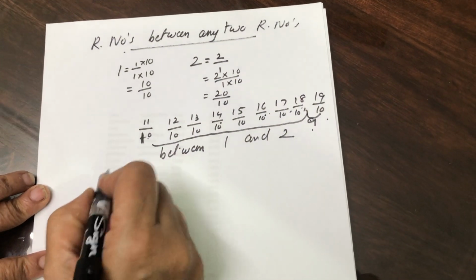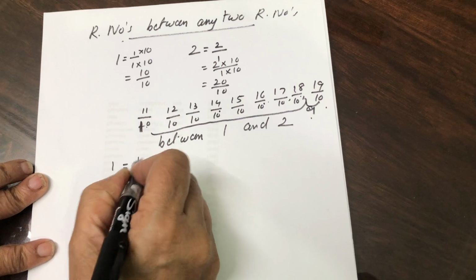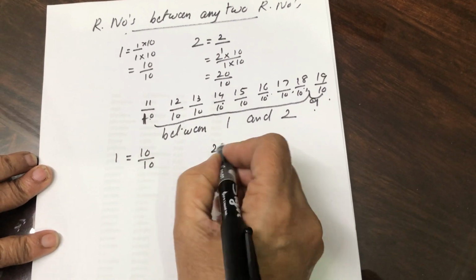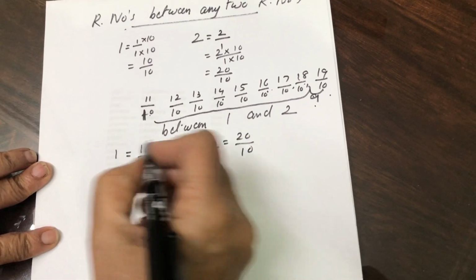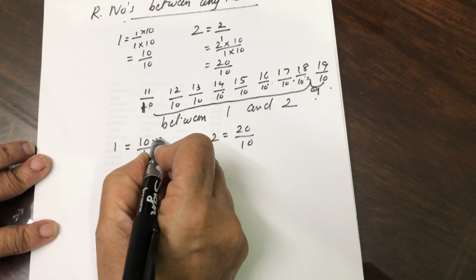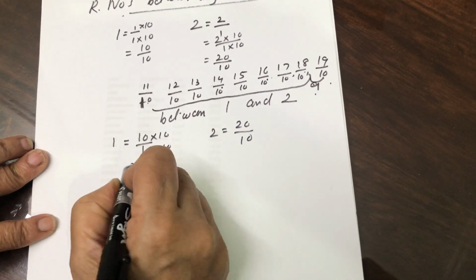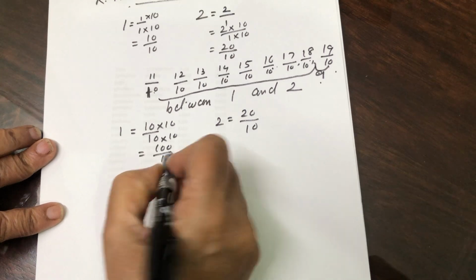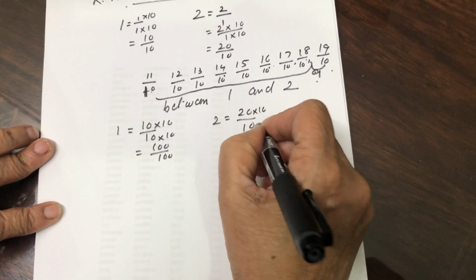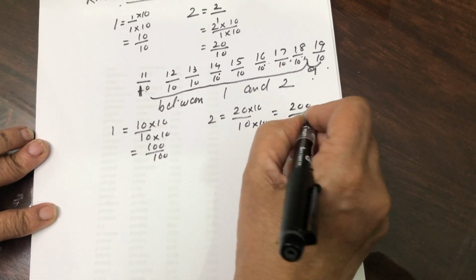Yes, you can write more, because you got 1 as 10 by 10 and 2 as 20 by 10. You can multiply with one more 10. So it is 100 by 100, and this will again be 10 into 10, 200 by 100.